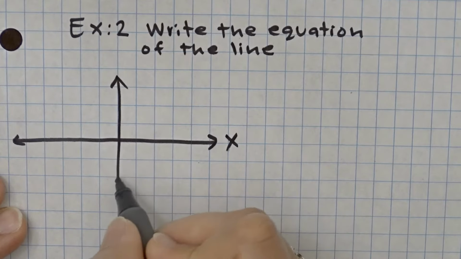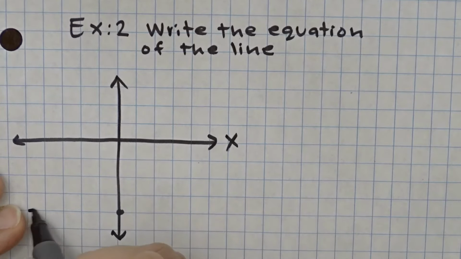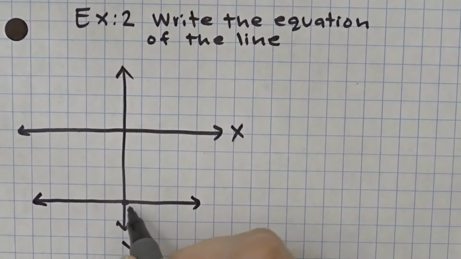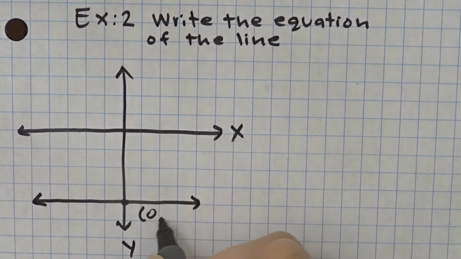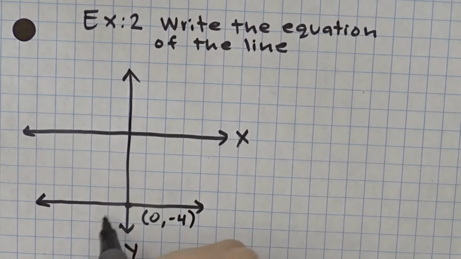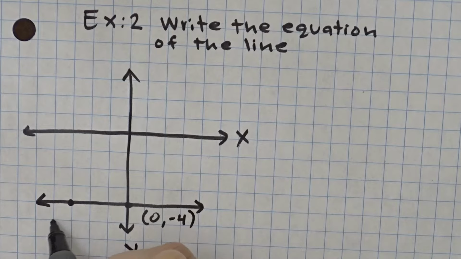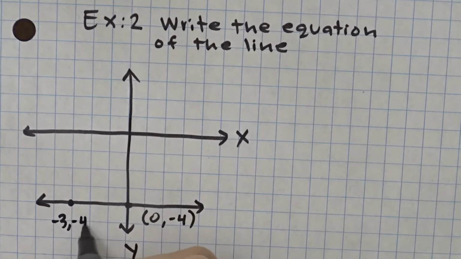At 4. 1, 2, 3, 4. So this point would be 0, -4. And the other coordinate, 1, 2, 3, would be -3, -4.